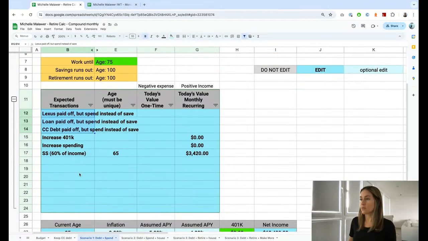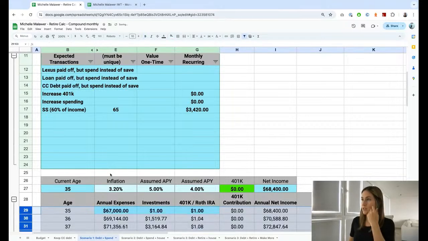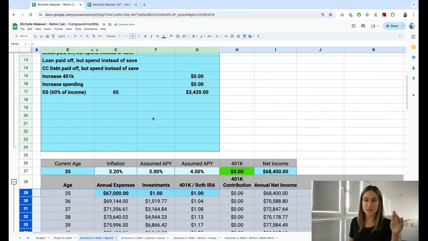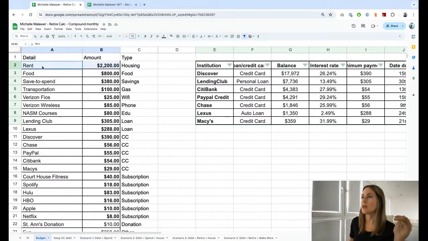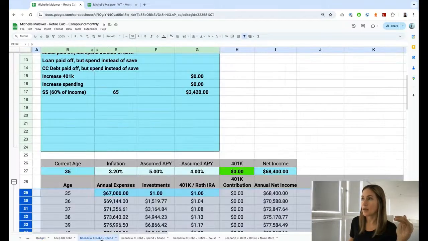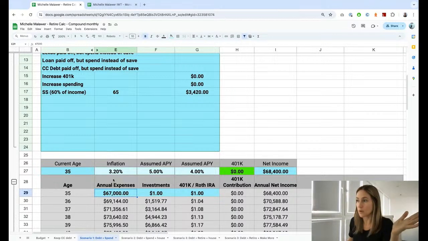So in this scenario, this person just rents for the rest of their life. And they rent $2,200 based on this initial budget. And that just keeps increasing with inflation. So maybe it increases by 3%.